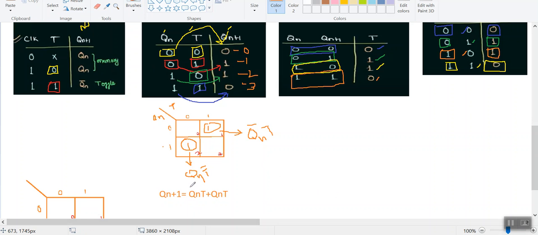So Qn bar into T plus Qn into T bar. This is our characteristic equation for the T flip-flop.